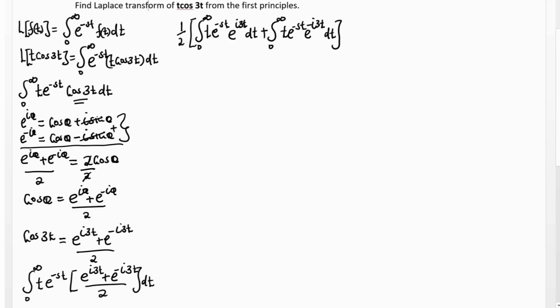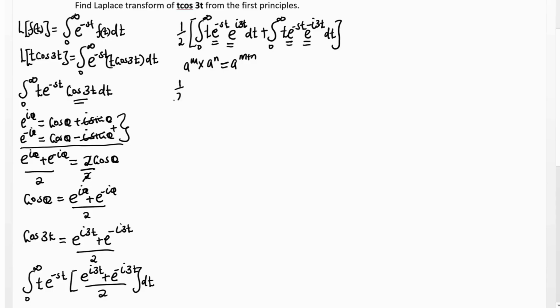Remember the law of indices, which says that a raised to m multiplied by a raised to n is equivalent to a raised to m plus n. That is, when we multiply any two numbers having the same base, then we sum the powers. We apply this to our exponentials.